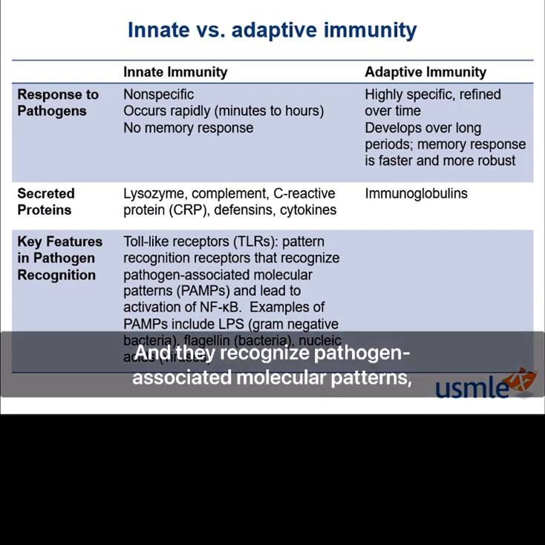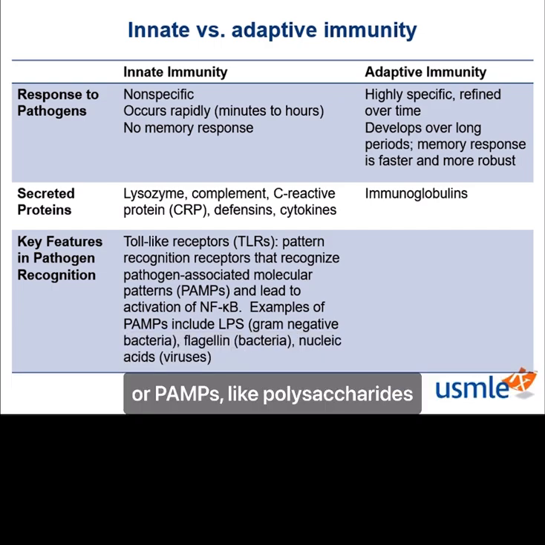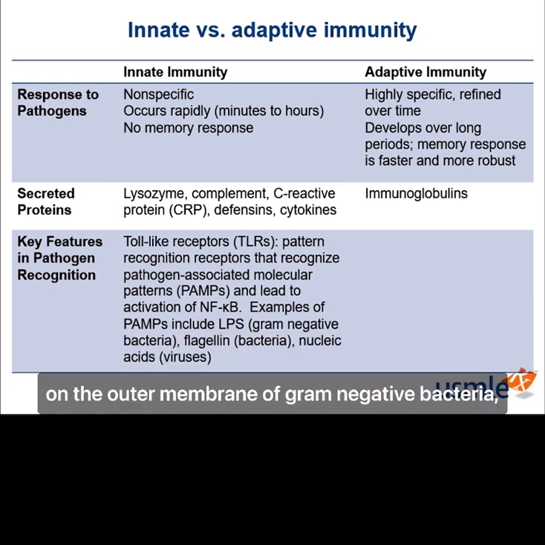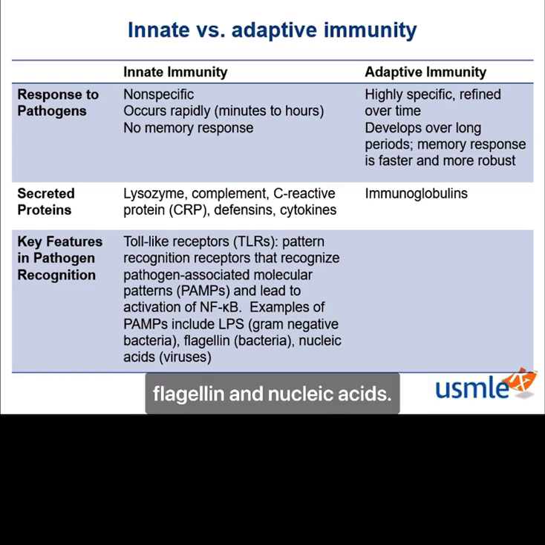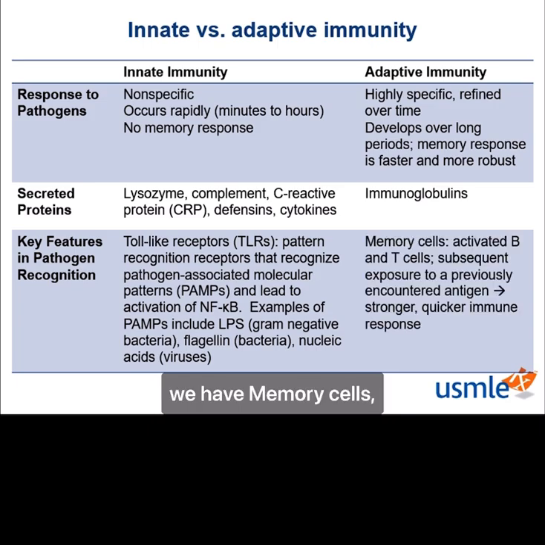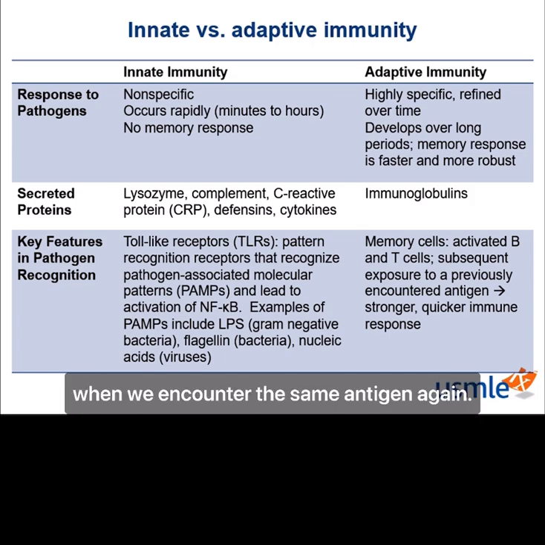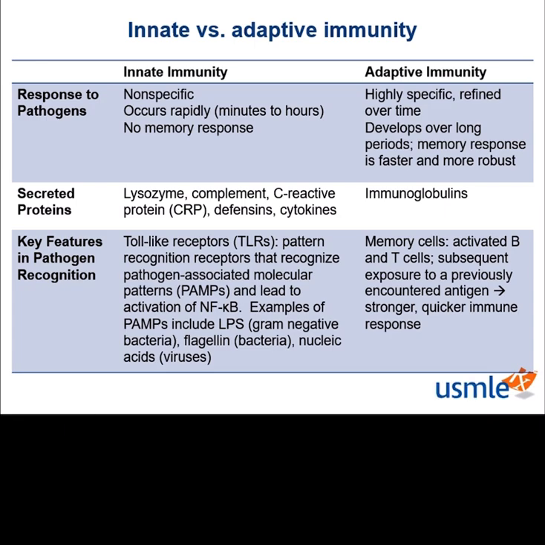And they recognize pathogen-associated molecular patterns, or PAMPs, like polysaccharides on the outer membrane of gram-negative bacteria, flagellin, and nucleic acids. In our adaptive immunity, we have memory cells, our B and T cells that got activated. So we have stronger, quicker responses when we encounter the same antigen again.